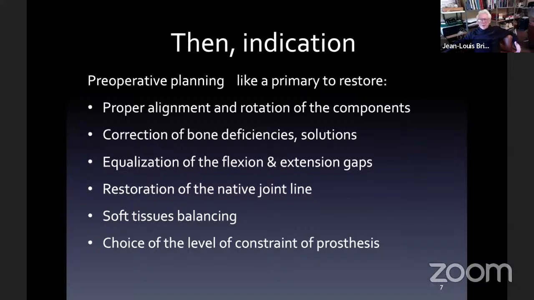It's even more important than for a primary. So we look at how to get proper alignment and what the rotation of the component is. We will look at how we will correct the bone deficiency or how to equalize the flexion and extension gap, restoration of the native joint line, soft tissue balancing, and at the end, the level of constraint.